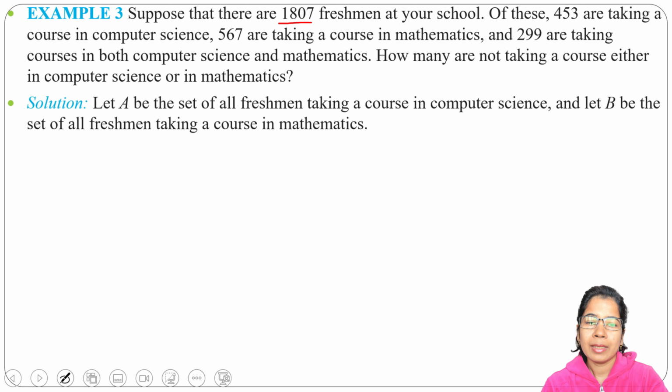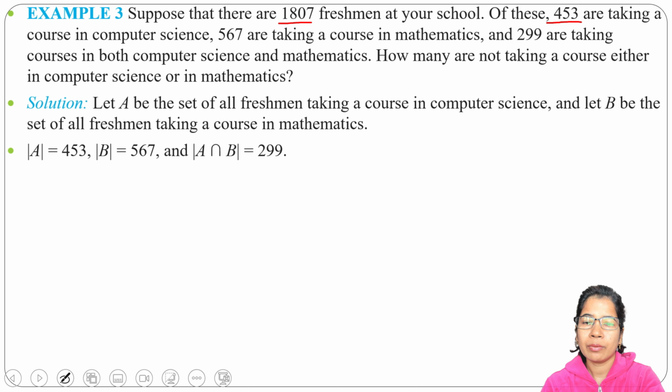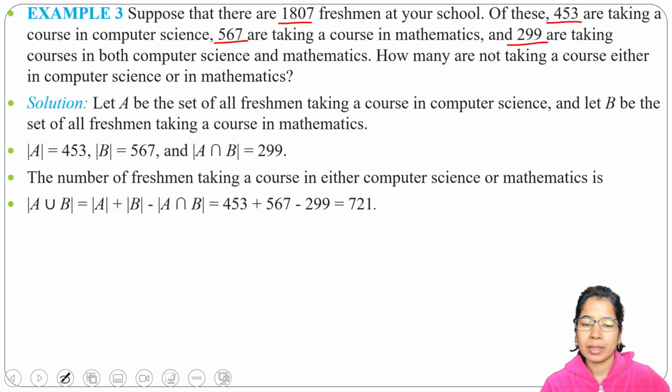So let A be the freshmen taking a course in computer science and B be the freshmen taking a course in mathematics. So here A equals 453, B equals 567, and A intersection B equals 299. The cardinality of A union B will be the cardinality of A plus the cardinality of B minus the cardinality of A intersection B. So 453 plus 567 minus 299 is 721.